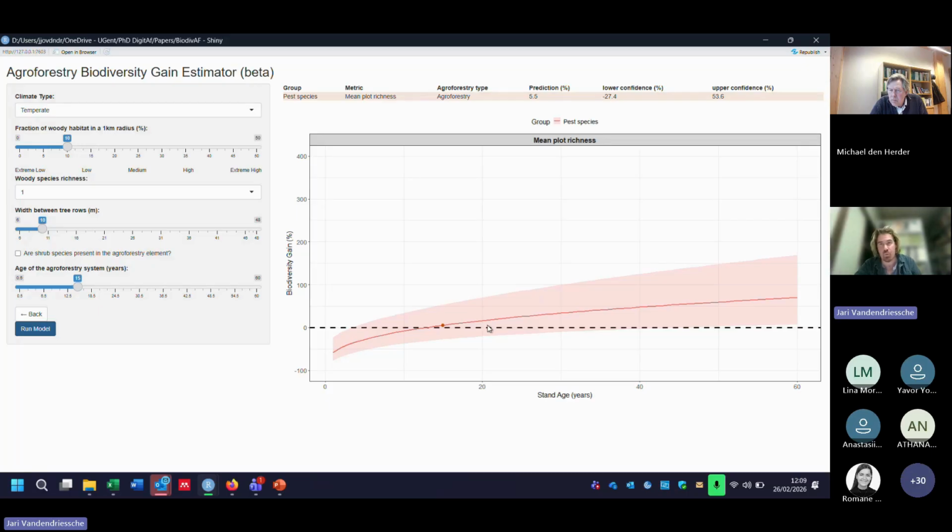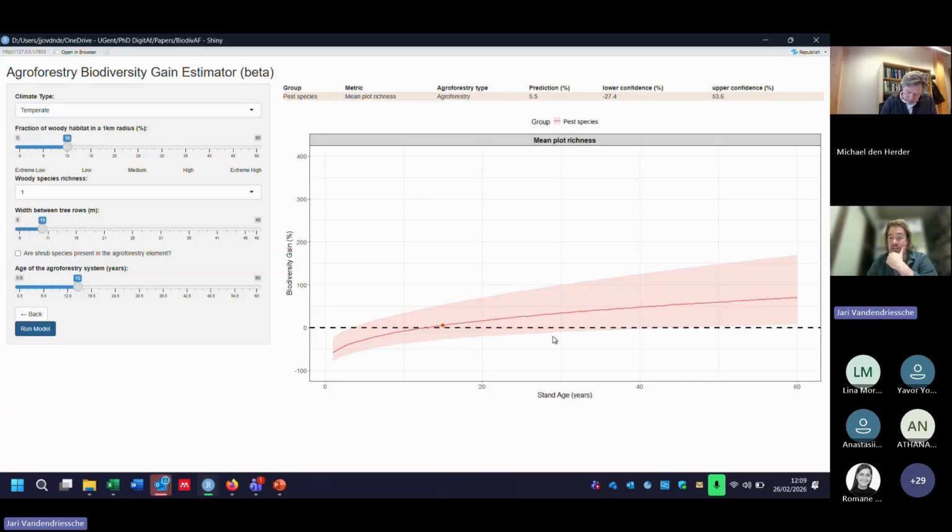Other results, which I didn't show now because it's too detailed, have shown that the abundance, so really the quantity of pests present on an agroforestry field, is lower than the quantity on a monoculture field. So actually the effect behind it is quite positive.